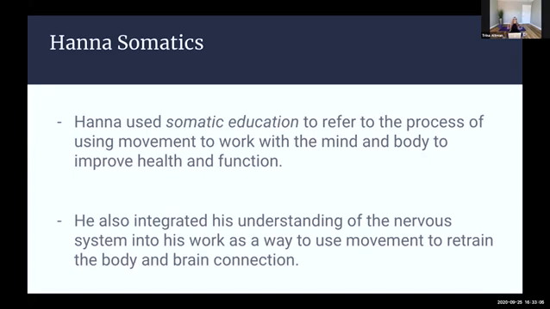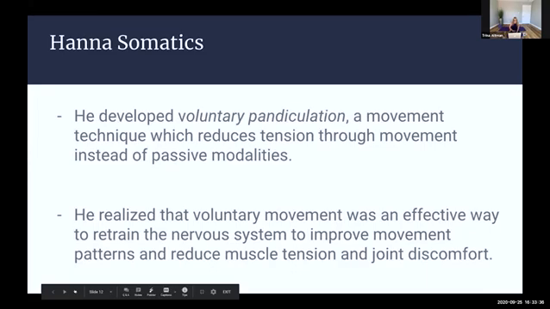Of course, now we know so much more with polyvagal theory, but that's kind of the starting point that we all get in our yoga 200-hour training. And so he was putting these things together as well. So asana related to the nervous system and the breath and mindfulness, and then here just movement, any kind of movement and somatic movement, as a way to retrain the body and brain connection.